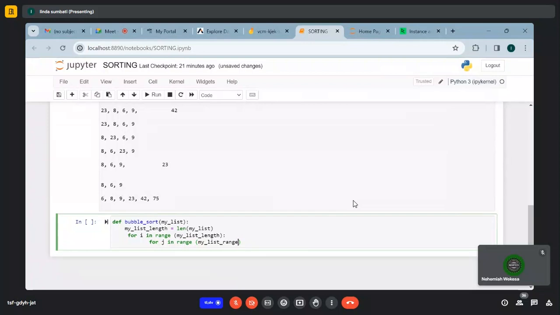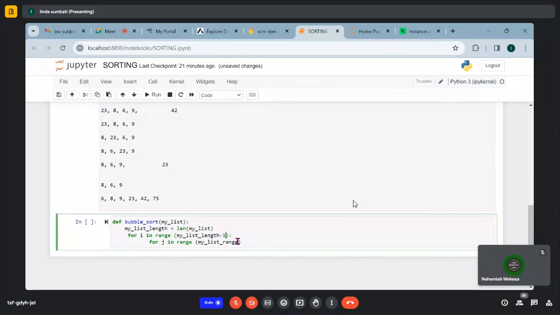So it will be my list, then length. Yes. Then I think here we should subtract 1 because of the indexing, and also here. J to minus 1. Also this one.